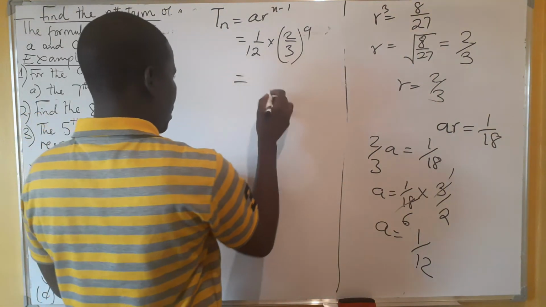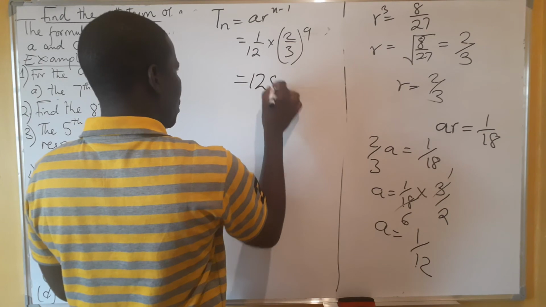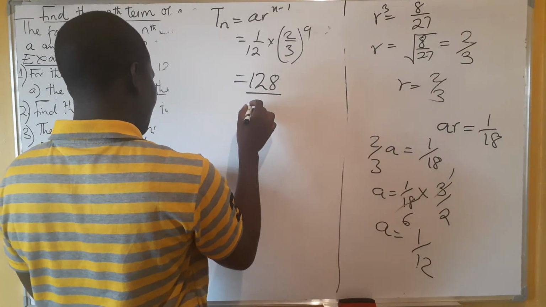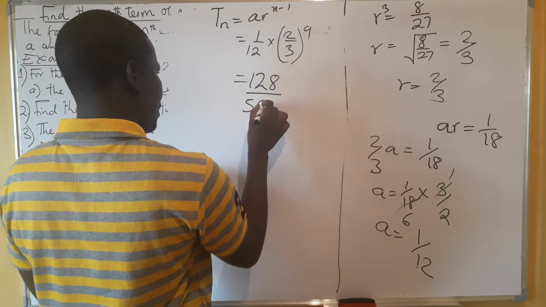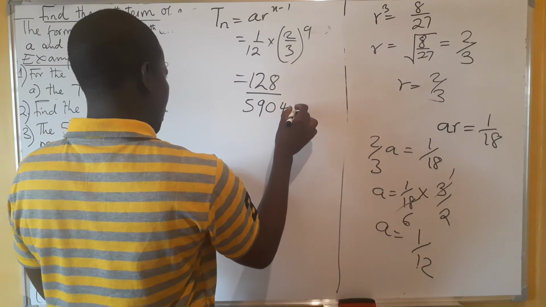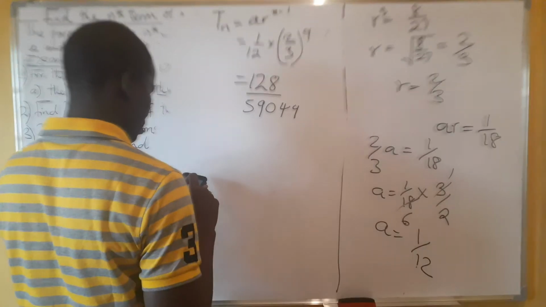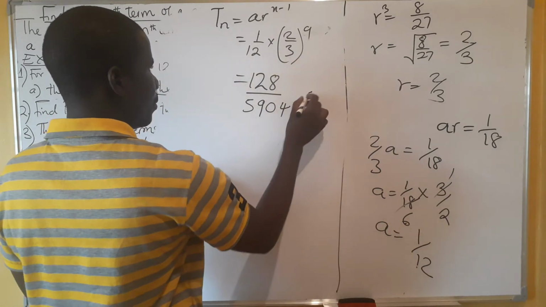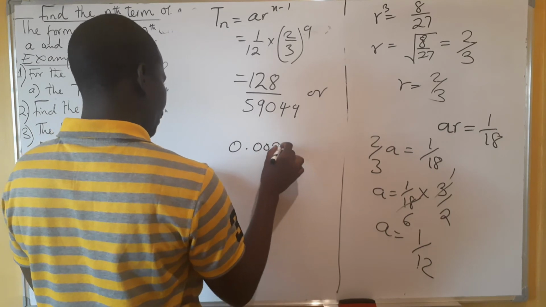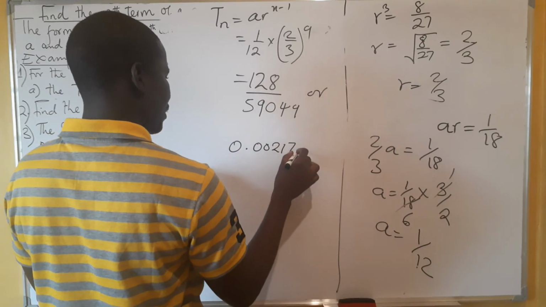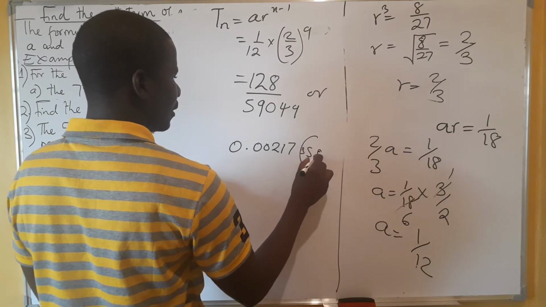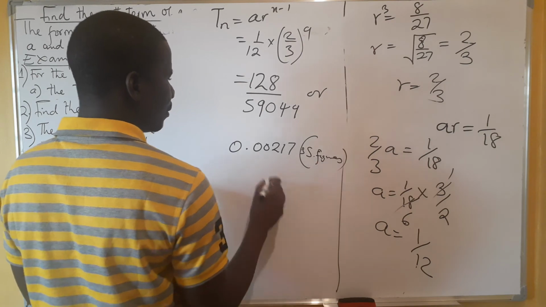For me, I'm getting 20 over 59049. In decimal, it will be like 0.00217 when you round off to 3 significant figures.